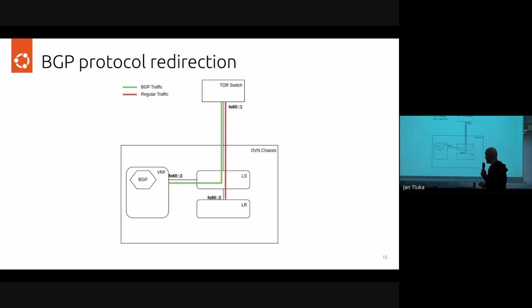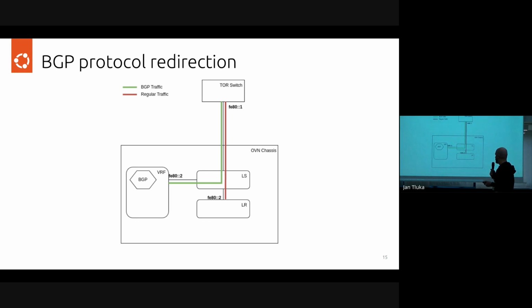So this is the actual feature. This is something that can be configured on a logical router port, and when configured correctly, it changes the behavior of the logical switch in a way that, while regular traffic still flows to the logical router, traffic that is BGP and is directed to the IP address of the logical router port gets redirected to our logical switch port instead.